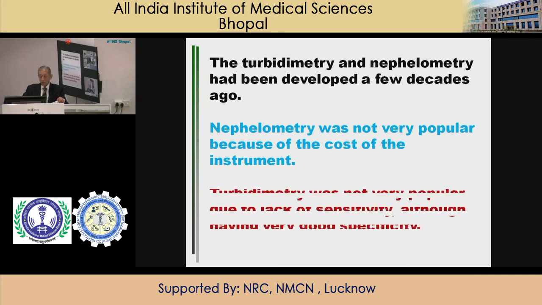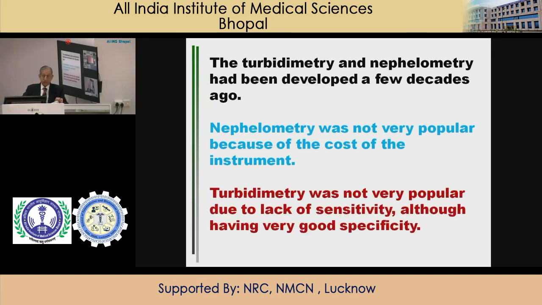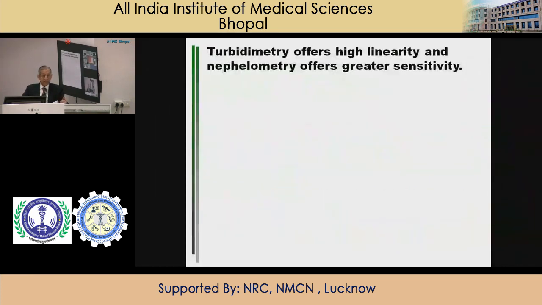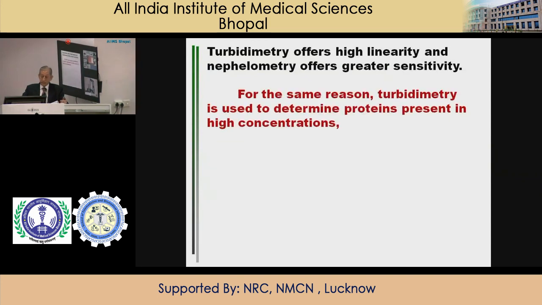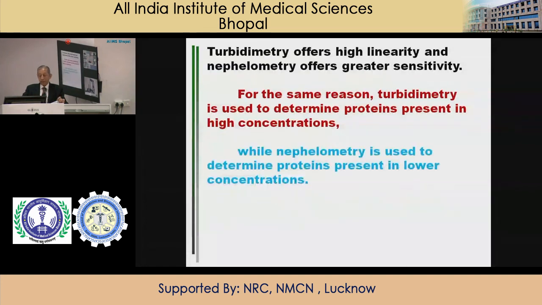Turbidometry offers high linearity and nephelometry offers greater sensitivity. In other words, turbidometry is used to determine proteins present in high concentrations, while nephelometry is used for proteins present in low concentrations. These are different equipments and at a very high cost.